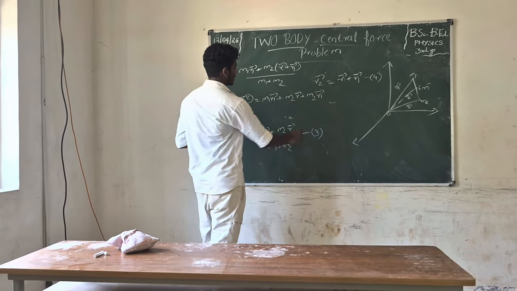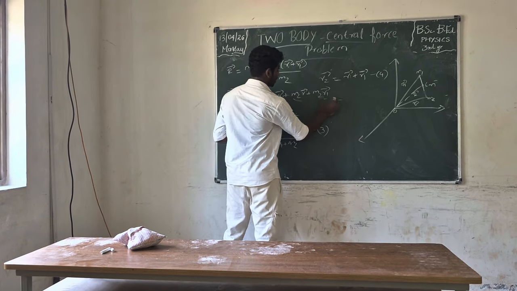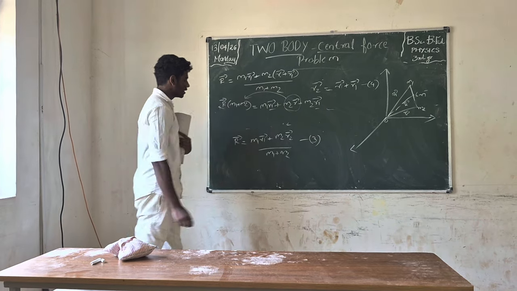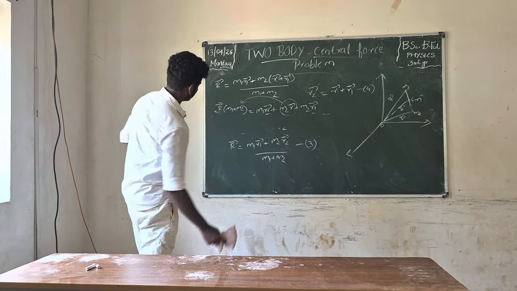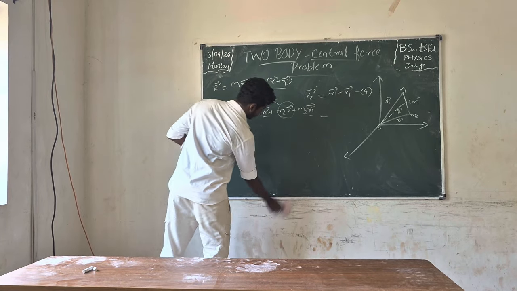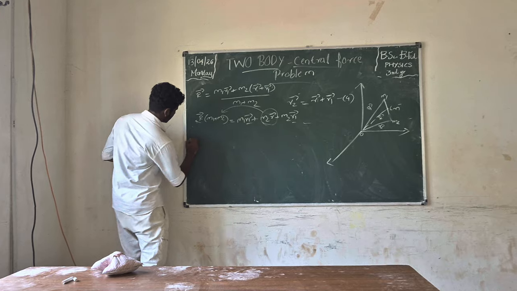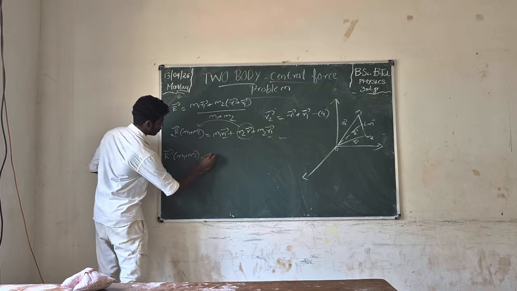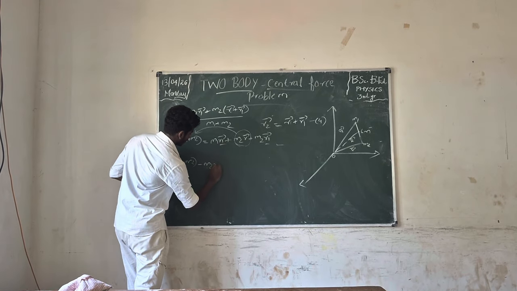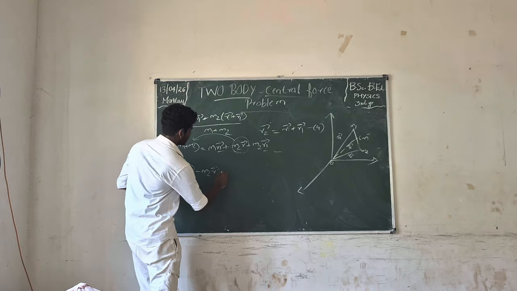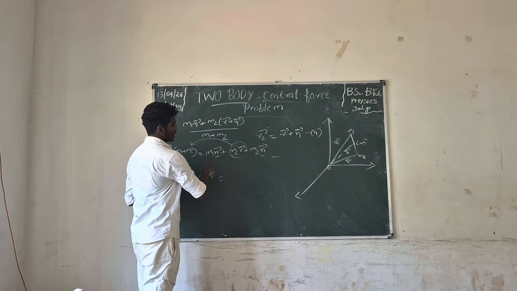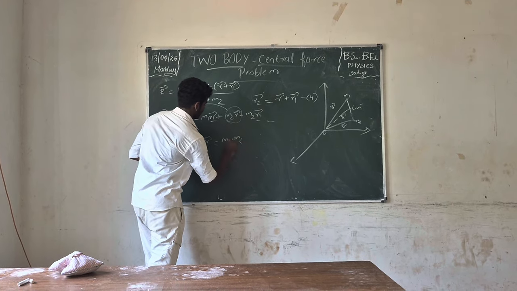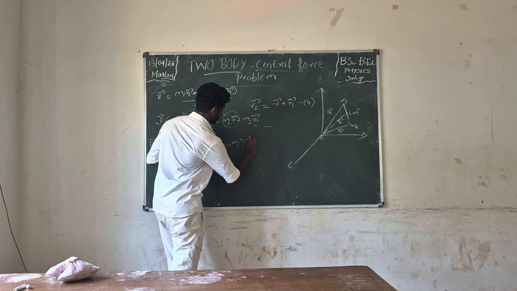Here we have r1 common in both m1 and m2 terms, so we take the vector r term to the left-hand side and write R into m1 plus m2 minus m2 vector r equal to, taking r1 common, m1 plus m2 into vector r1.